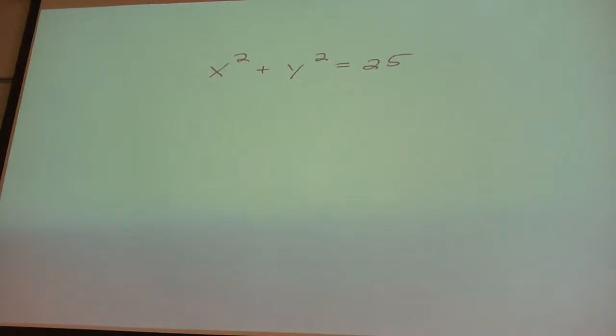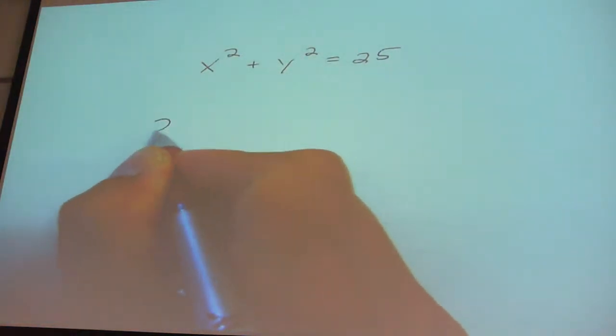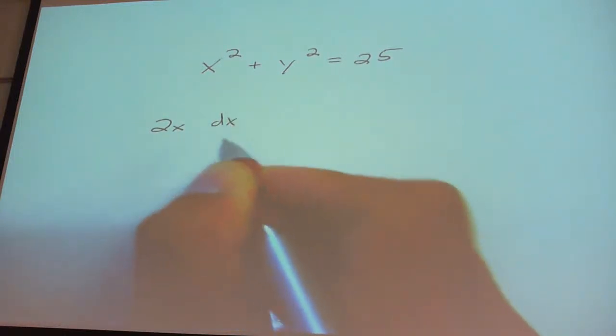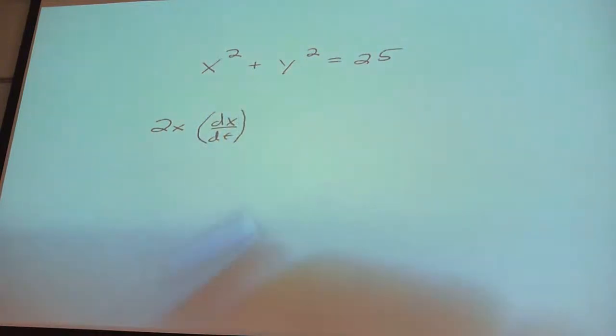So what do I need to do? Take the derivative. But I have two different variables. We're going to take the derivative of x squared, which is what? 2x, times the derivative of x with respect to time. Starting to look familiar, hopefully. That's why we're doing 3 examples.